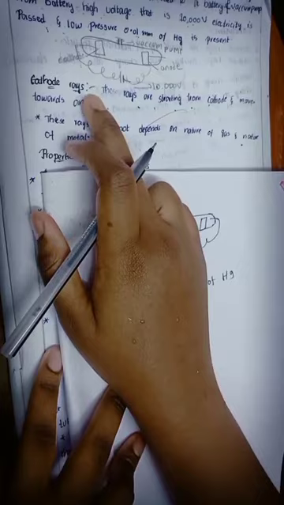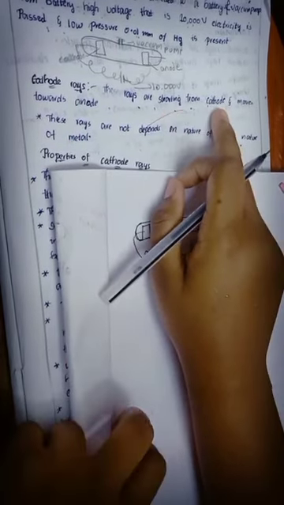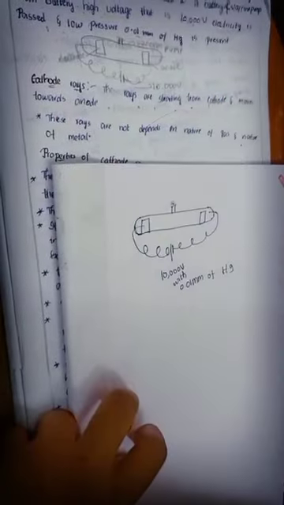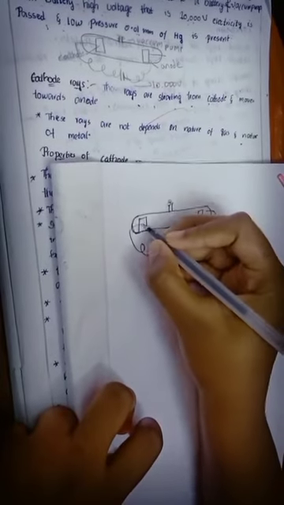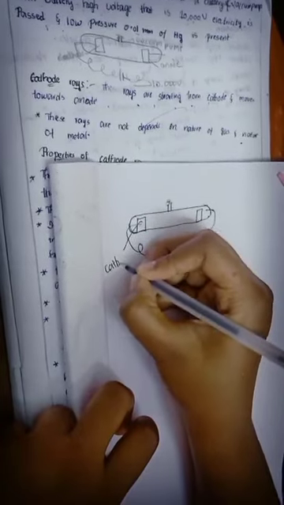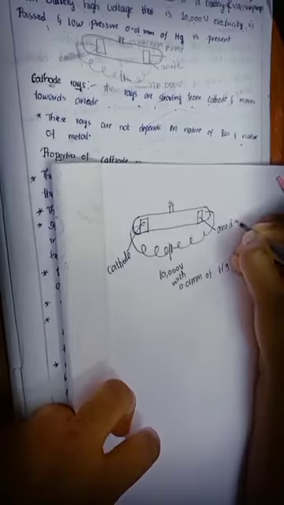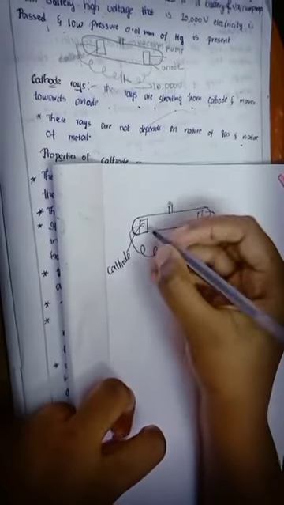First I will explain about what is cathode rays. Cathode rays, the rays are starting from cathode and move towards anode. See, this is cathode and this is anode, and these are cathode rays.